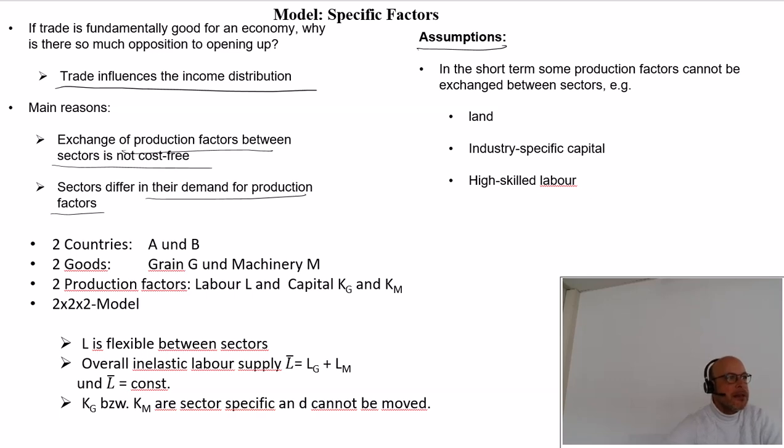If we increase the production of one good, then some of the production factors, some of the workers of the other sector, can move to the new sector where we have the increase. But in general we find, and therefore this model is called the specific factors model, that we have some very specific production factors which we can use only in one sector.